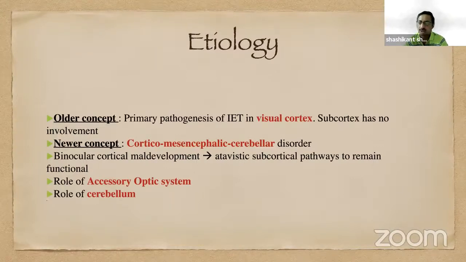The subcortical layers predominate over the cortex, and this is what he feels is responsible for infantile esotropia. He has also described the role of the accessory optic system and the cerebellum, which can also play a role in development of infantile esotropia.